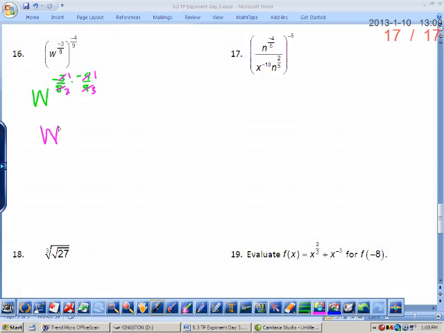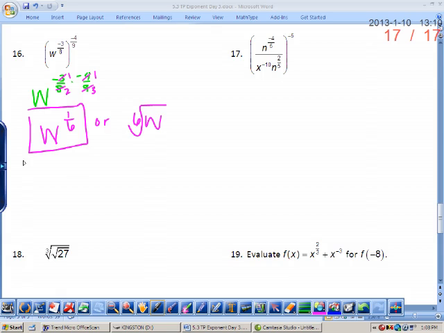So we get w to the negative 1 times negative 1 is positive 1 over 6. So you could write your answer as that, or you could write your answer as the 6th root of w if you really want to. I mean, if it starts off with exponents, I would probably leave it just with exponents.